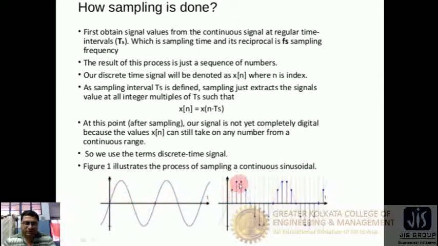So it is a discrete time signal, and in this way we take samples from a continuous time signal and produce a discrete time signal.